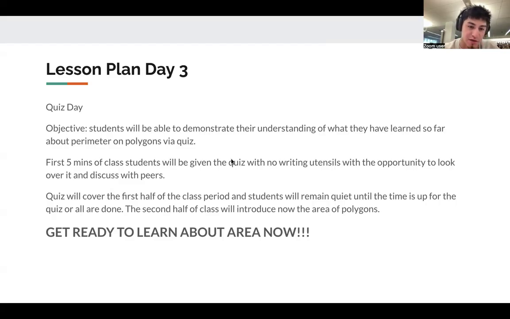So this quiz will cover the first half of class, and the students will remain quiet until the time is up or until all are done. And the second half of class, we will introduce now the areas of polygons. So get ready to learn about polygons. And that is it for our lesson on the perimeter of polygons. Thank you.